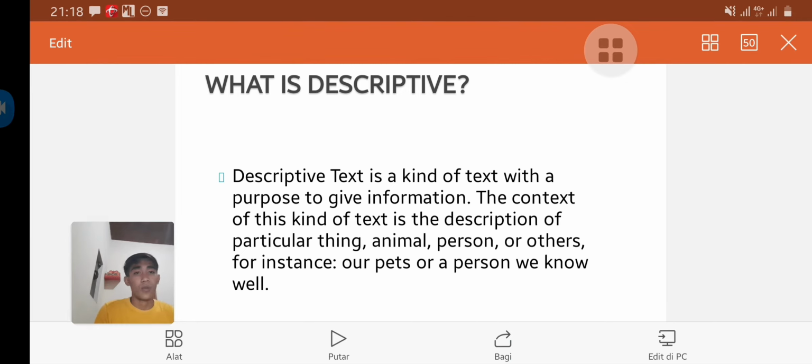For instance, our pet or a person we know well. Until this point, you can understand the general definition of descriptive text. Okay, if you already understand, I will move to the next slide.